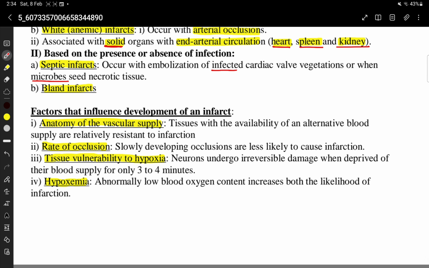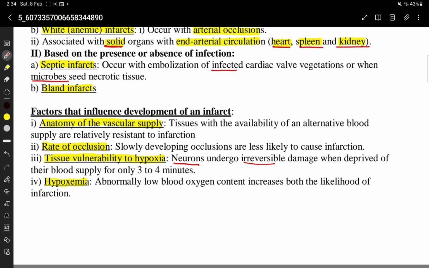Neurons undergo irreversible damage when deprived of their blood supply for only 3 to 4 minutes. अगर न्यूरॉन्स को 3 से 4 मिनट तक ब्लड सप्लाई नहीं मिलेगा, it will undergo irreversible damage. It also depends on the tissue vulnerability to hypoxia.